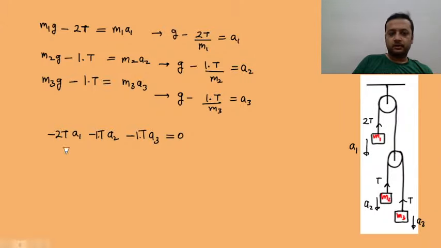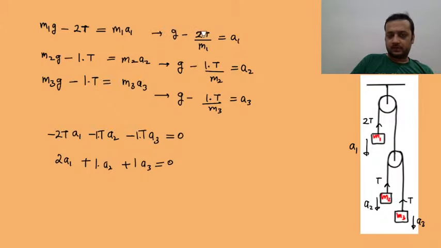So here minus T will go into 0. You can see this becomes 2a1 plus 1 into a2 plus 1 into a3 equals 0.